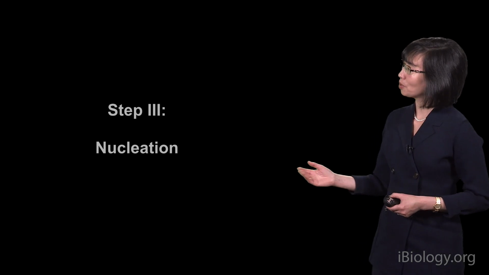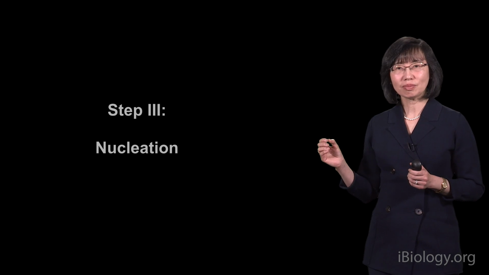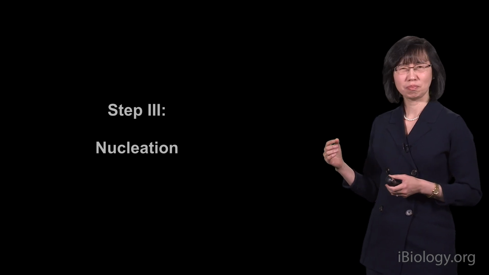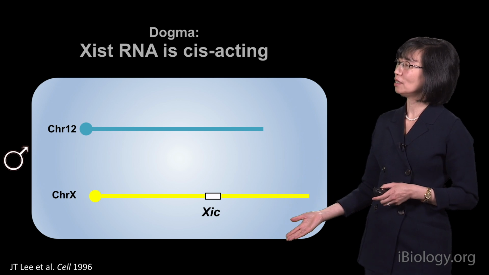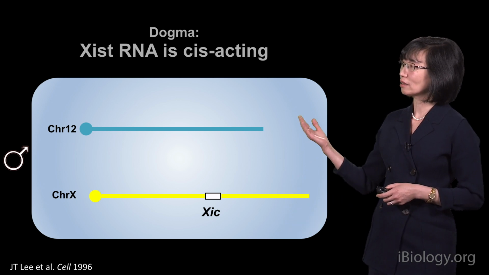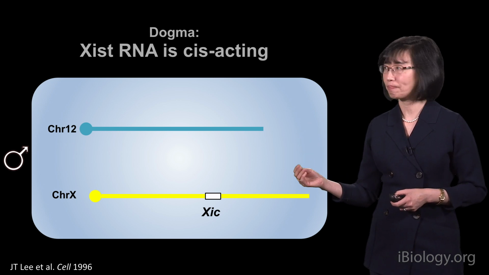Okay, so we're going to start with this concept of nucleation. Now, this is something that we stumbled upon sort of by accident. So recall this experiment, which we had done back in the 1990s, that sort of led to this dogma that Xist RNA is strictly cis-acting.